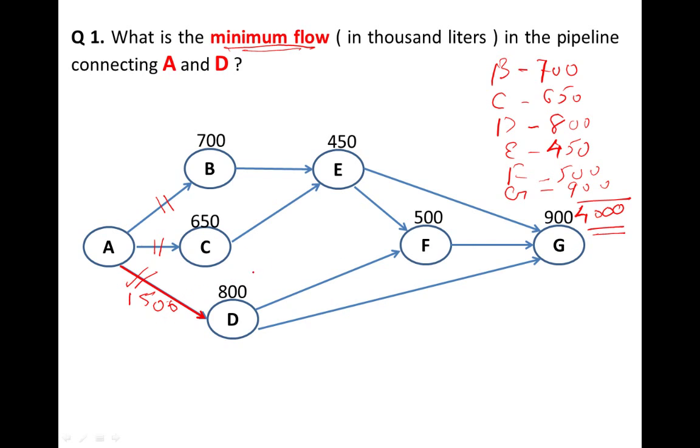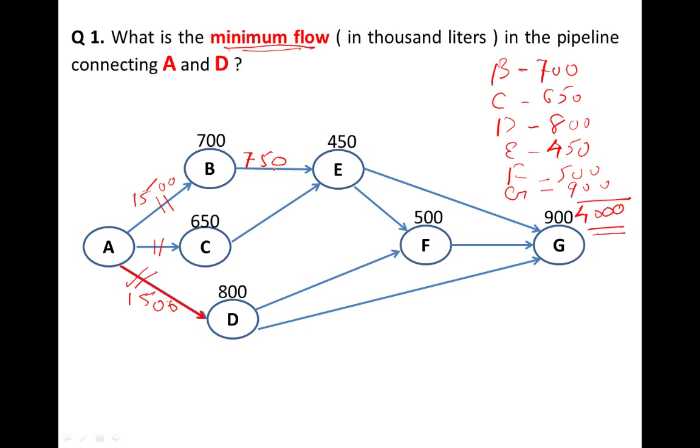Now the question says, what could be the minimum flow in the pipeline connecting refinery A to D? Now see what could be the maximum supply from A to B. Can this be 1500? Let's check this one. The requirement for B is 700 and the rest will be passed on from B to E, and for B to E the maximum flow could be 750.